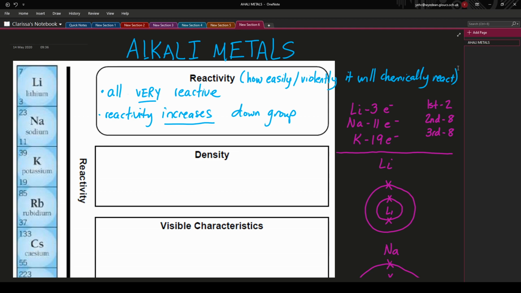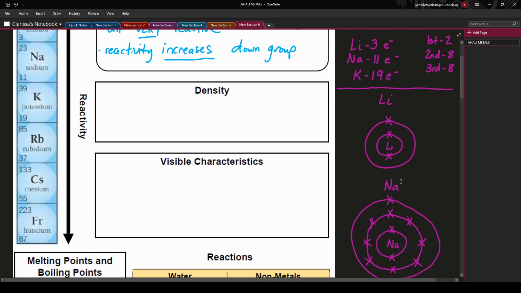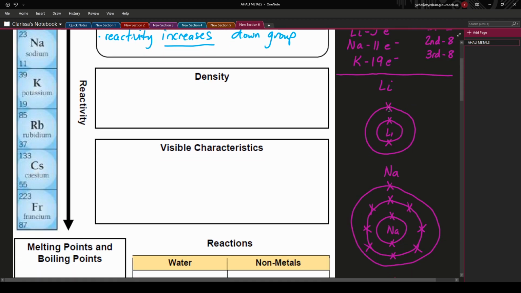It's like eating a meal where you're not too stuffed, you're not still a little bit peckish, you're completely satisfied. So when it has a full shell, such as having a shell being 2, 8, 8, then it's happy. But for our alkali metals, all of them are just 1 electron more than being a stable full shell.